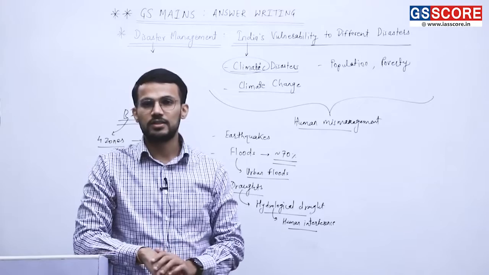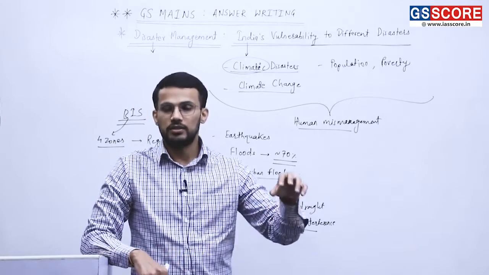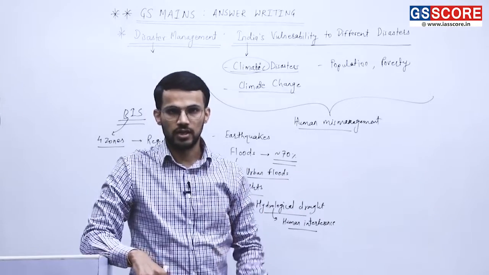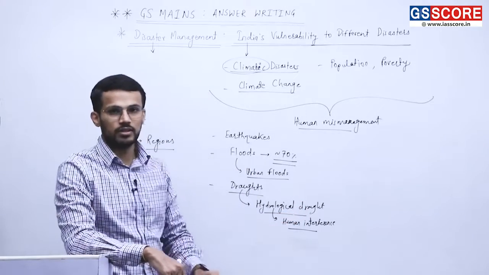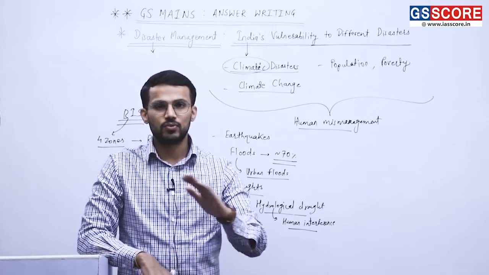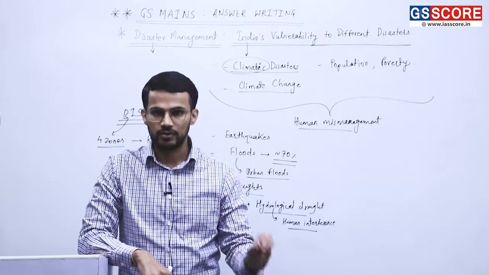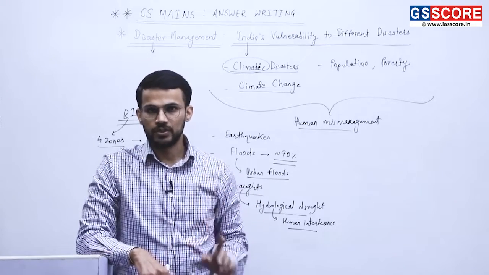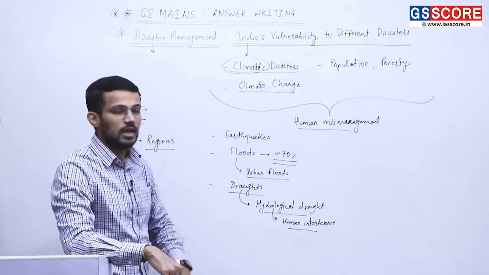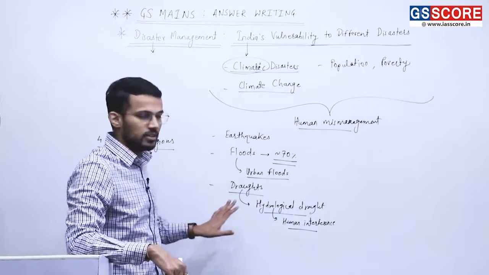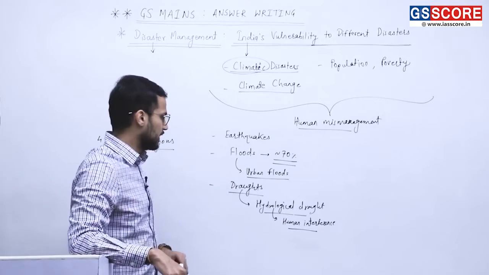As sugarcane is cultivated there, the dependency of farmers on groundwater has increased a lot, and that makes this region vulnerable to hydrological drought, where not only surface water resources are unavailable, even groundwater becomes unavailable. That kind of drought is called hydrological drought. So that is the third important disaster which affects India.